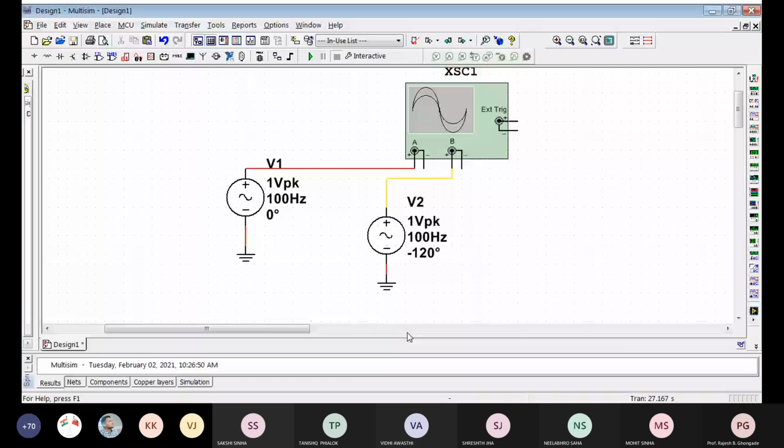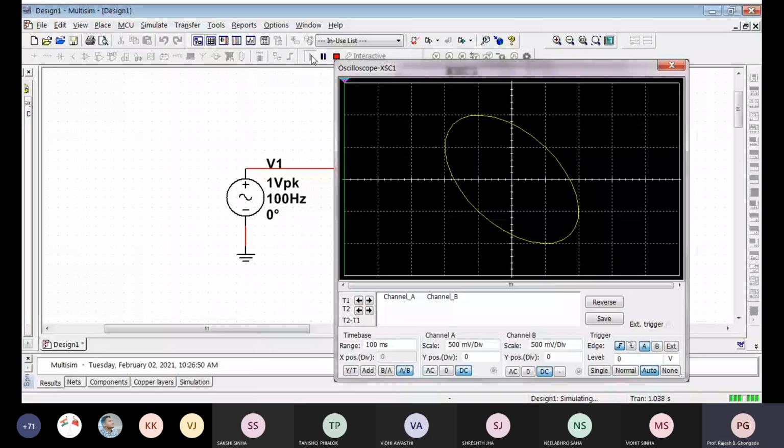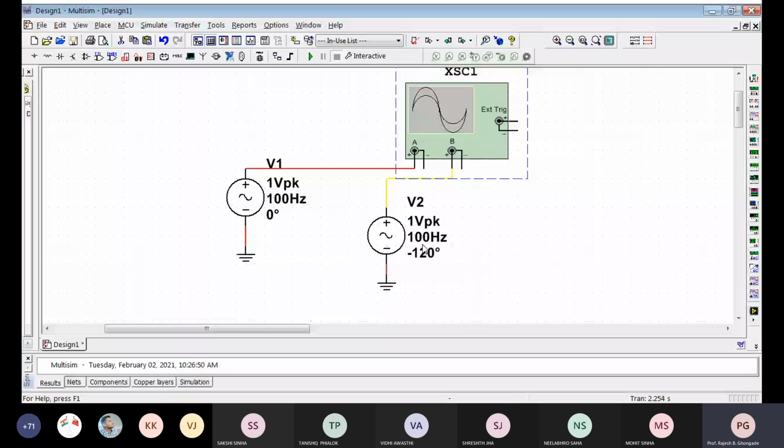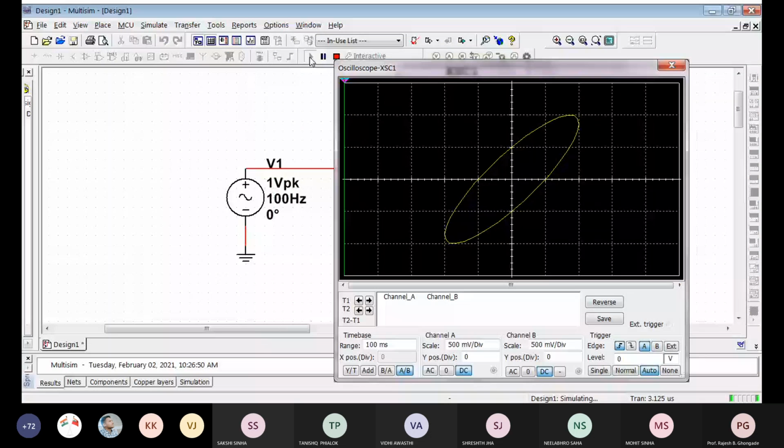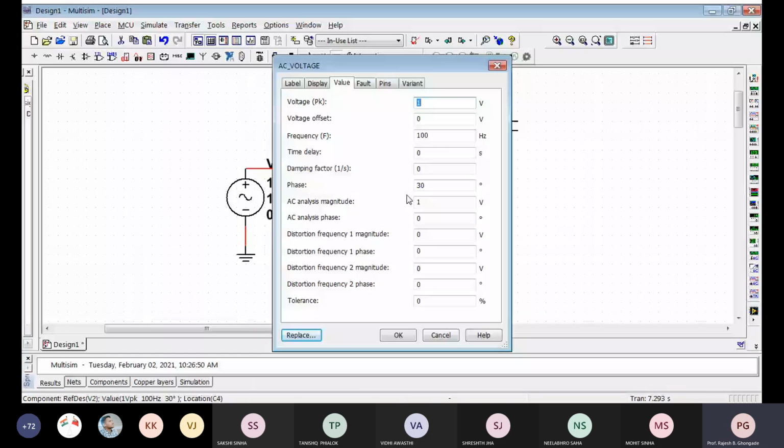Or maybe 30 degrees phase shift. What has happened now? Instead of going for 30 degrees, I'll go for 60 degrees. That will be similar to the figure that we have already seen earlier.